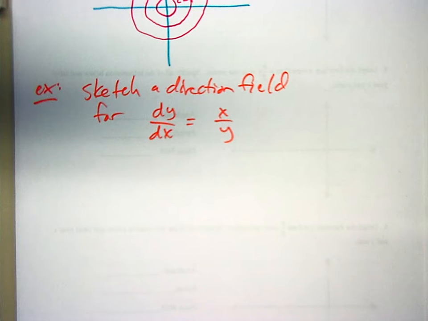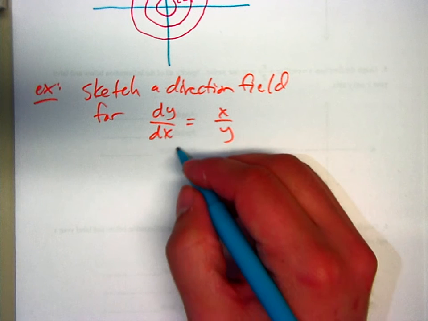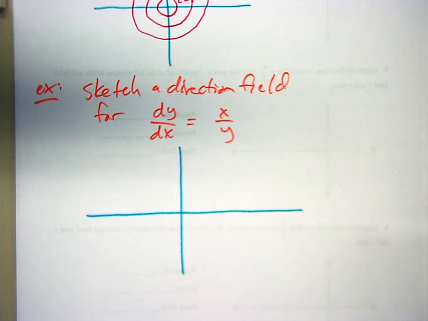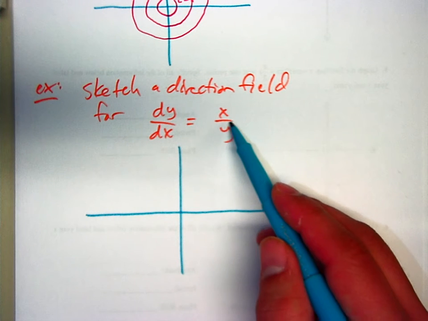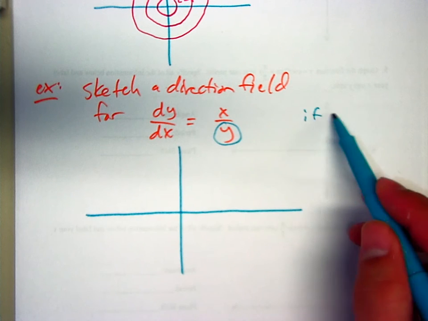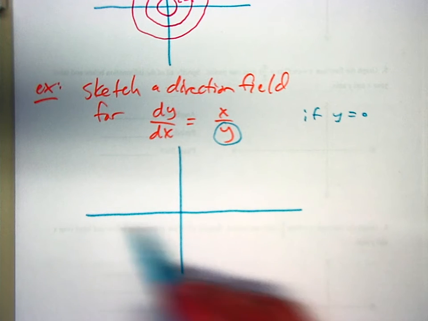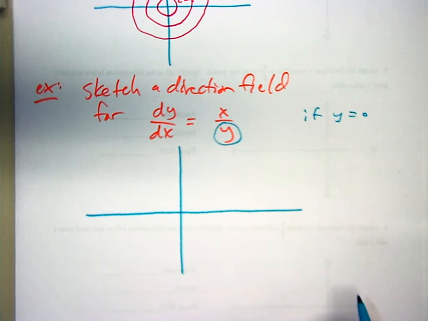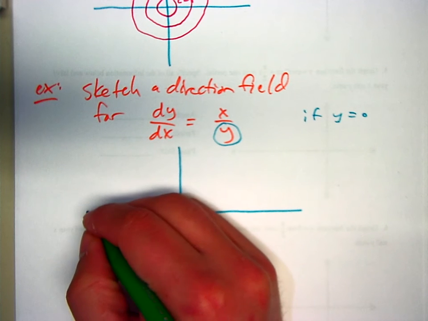I'd probably start with some very basic assumptions here, like if y equals 0, what's the slope? So that means that along our x-axis we have vertical segments. You guys did some of those too, right? Vertical segments.